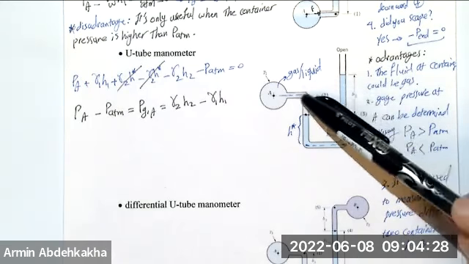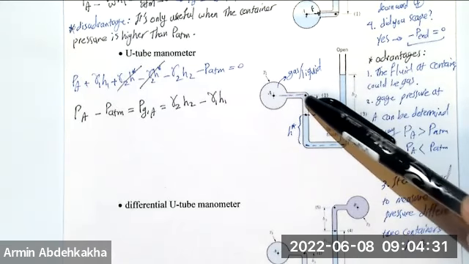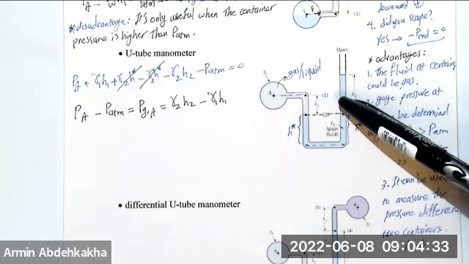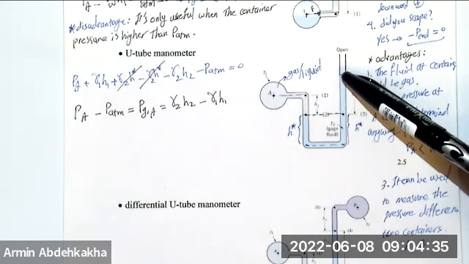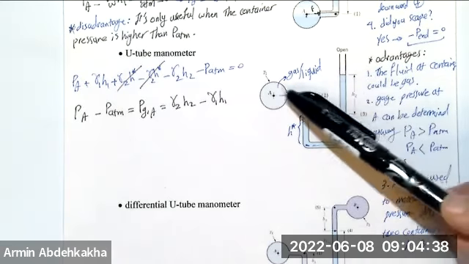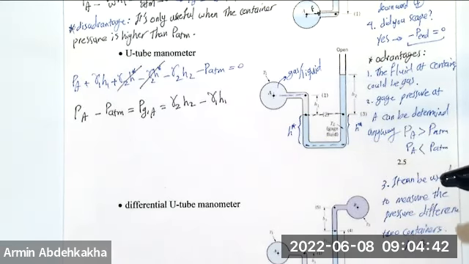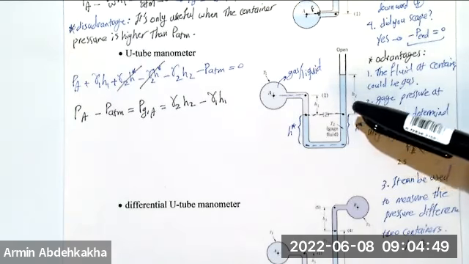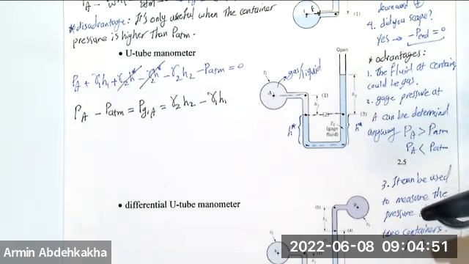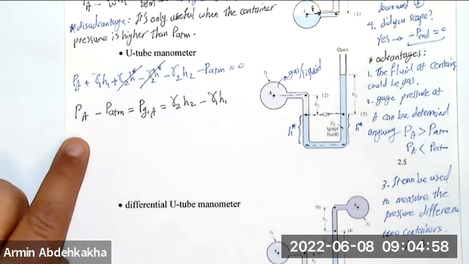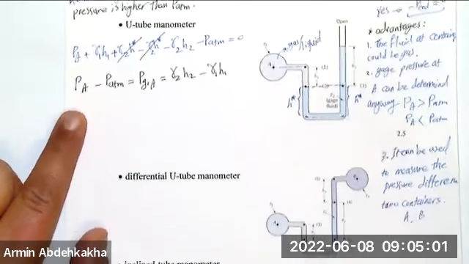Why? Because these two absolutely have the same depth or height, but on top of this point you have gas, and on top of this point you have liquid. So you have to be careful when you're using that. For me, that's going to work, and I guess I have to try it on more examples to show how you can use it. So here we use this method and solve it.